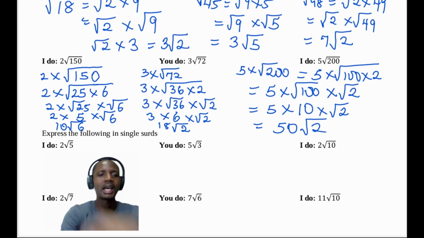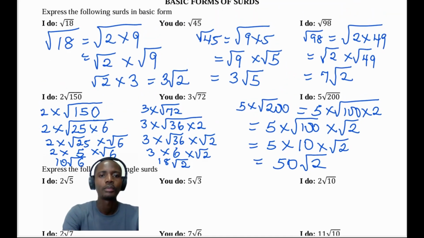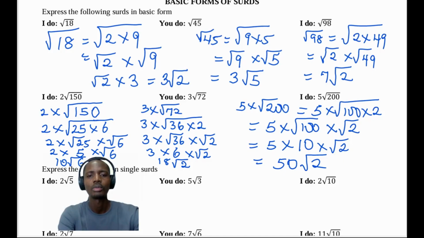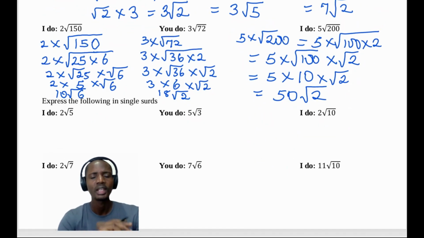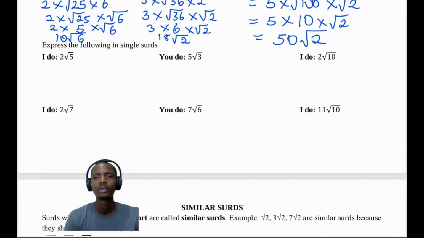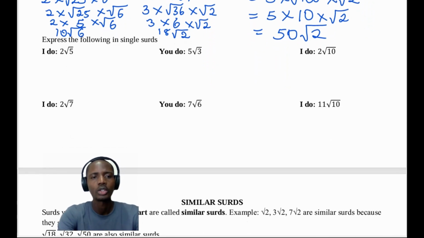It's just like me moving from 3 root 2 back to root 18, or from 3 root 5 back to root 45. This is very, very simple. What do I do?